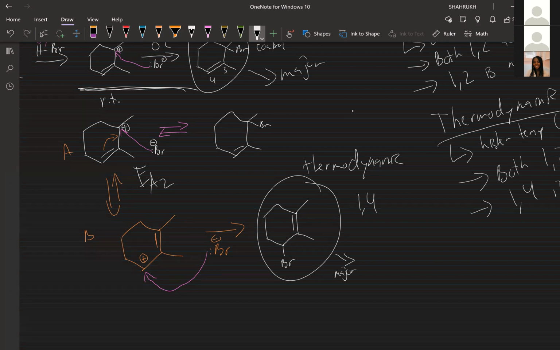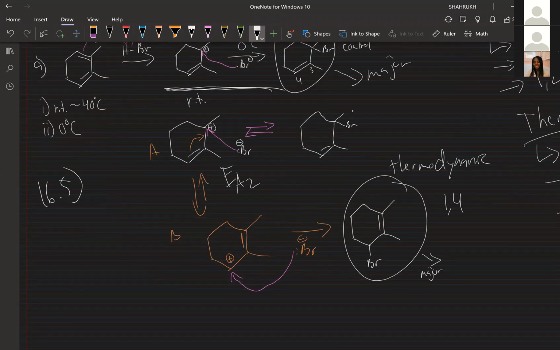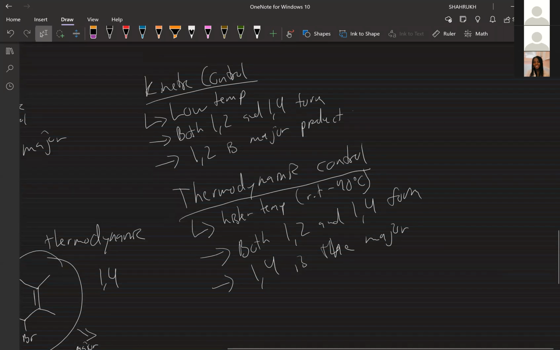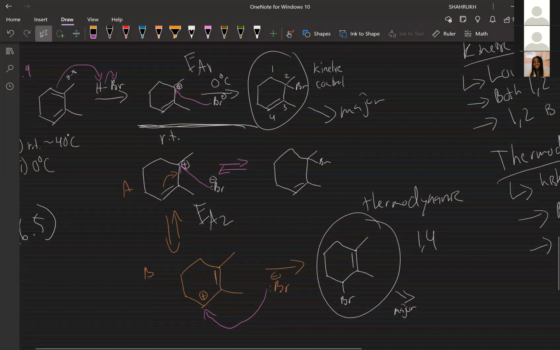The book, let me see if I can find a little section on this that has a diagram. 16.5, if you want a clear diagram of what I'm talking about, and we'll do this again, probably during the exam review. Yes, so 1,4 still occurs under kinetic. Both will occur. I just showed both these pathways, they occur at both temperatures.